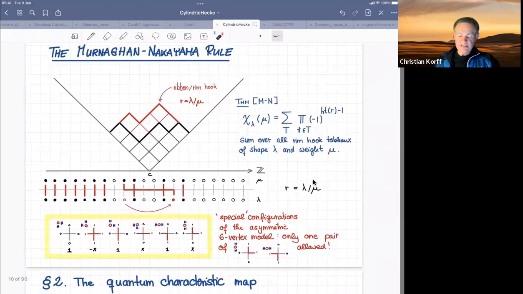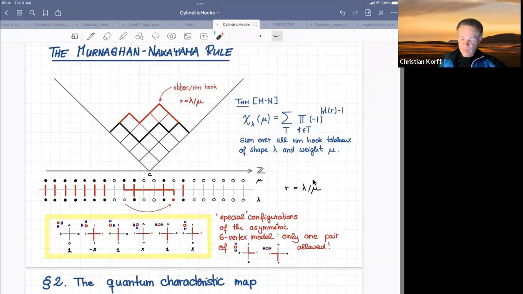The Murnaghan-Nakayama rule tells you that if you would like to calculate an irreducible character evaluated on a conjugacy class of cycle type mu, then you should decompose your Young diagram of lambda into ribbons, where the lengths of the ribbons are given by the parts of the partition mu.